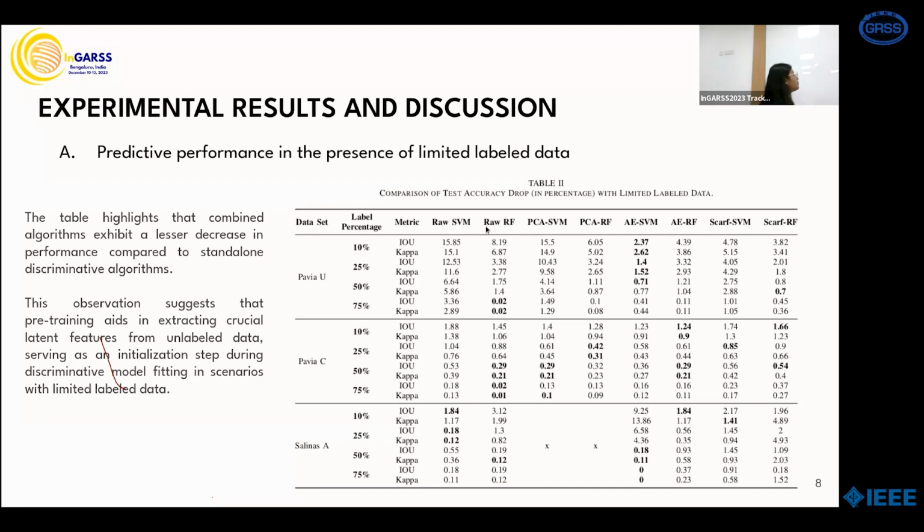In this table, we see the comparison of test accuracy drop with limited label data as compared to when 100% of label data is available. The highlight is that there is a very small drop in accuracy in the combined model setup as compared to the standalone model setup.